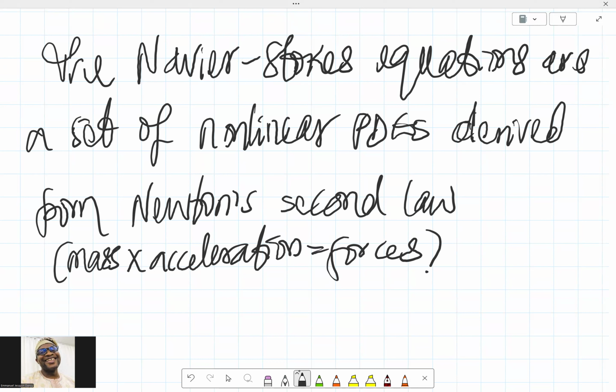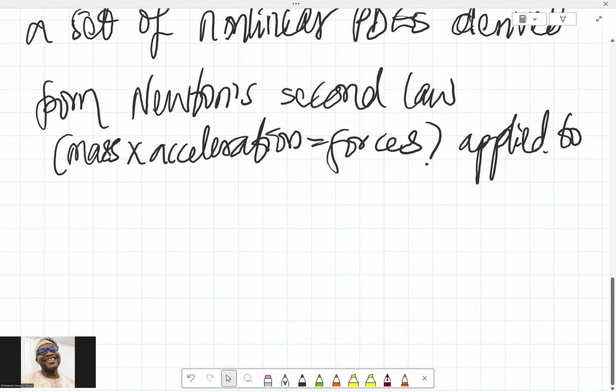Forces can always be expressed as the product of mass and acceleration. So mass times acceleration equals forces, applied to fluid elements.